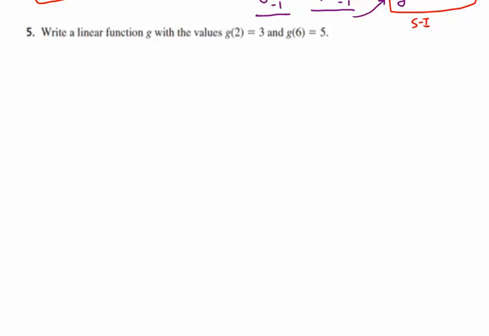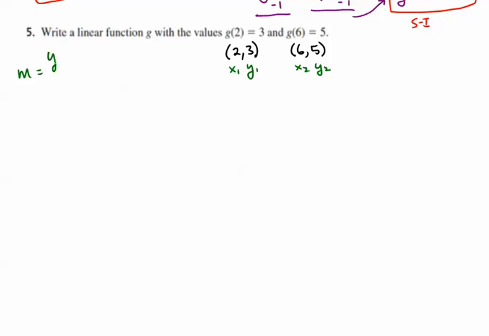Okay, with number 5, we have 2 function values. But you should recall that g of 2 equals 3 means that when x is 2, y will be equal to 3. g of 6 equals 5 means when x is 6, y is equal to 5. So from these 2 points, which I will label x1, y1, x2, y2, I will construct a slope formula.